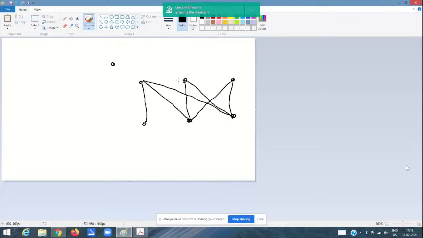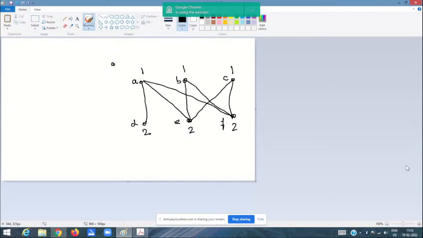So let me give all these vertices color 1 and all these vertices color 2, and let me label them as A, B, C, D, E and F. So my two color classes are ABC, one color class, and DEF, another color class.